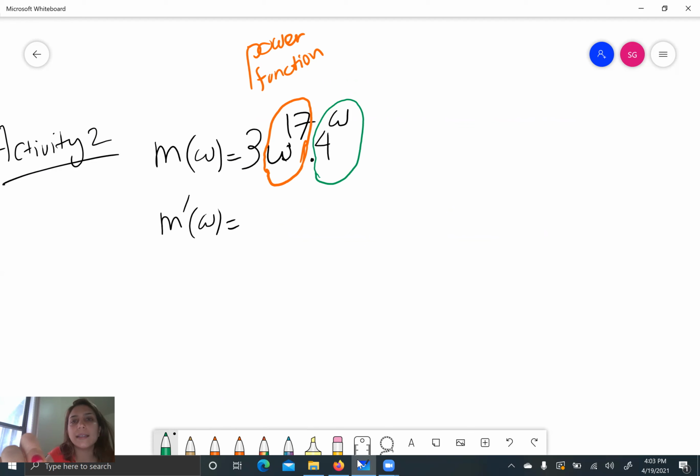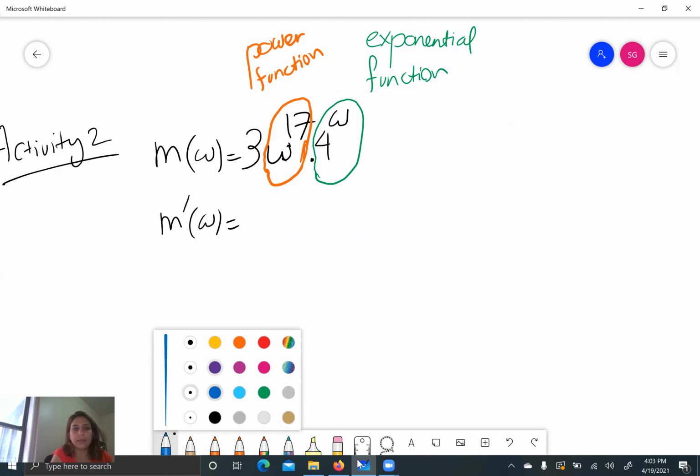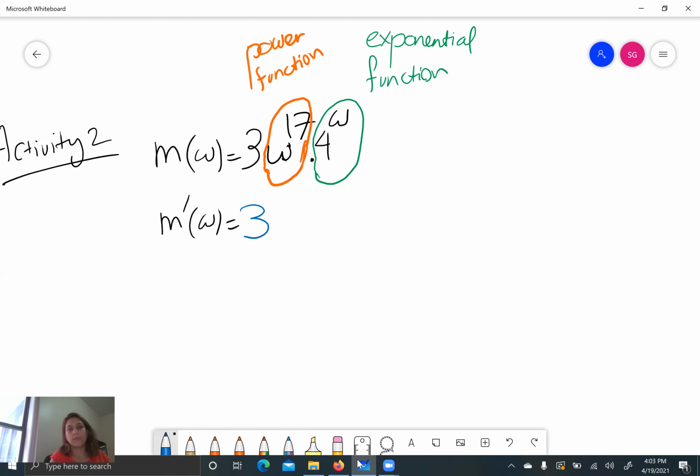What format does this have? This is an exponential function, okay? So we have the 3, which is just the number. 3 multiplied by these functions, so you just carry that constant, you say 3 times.